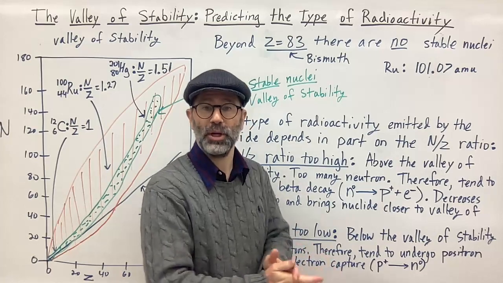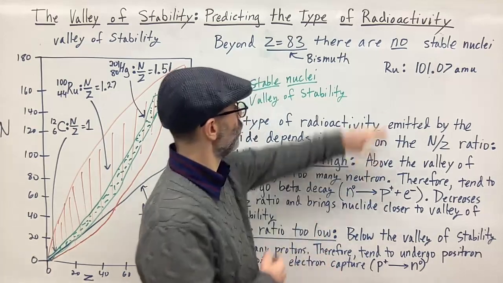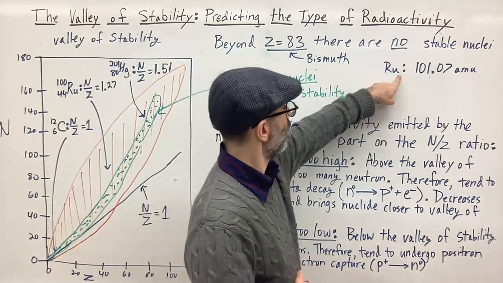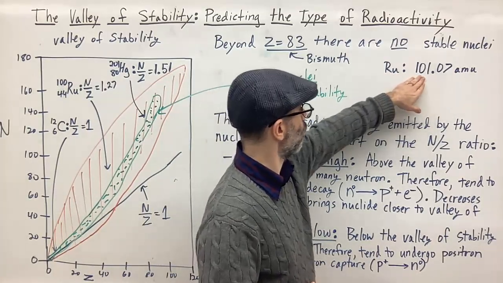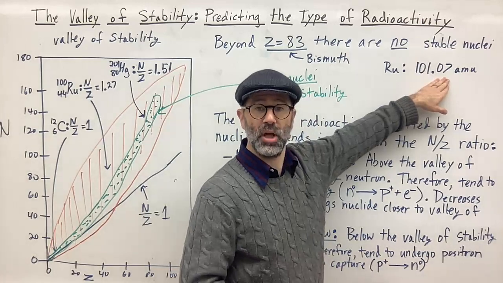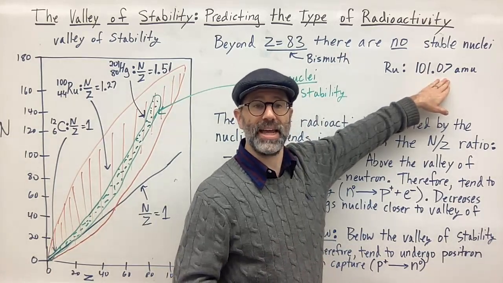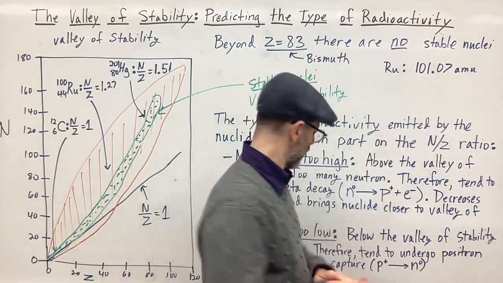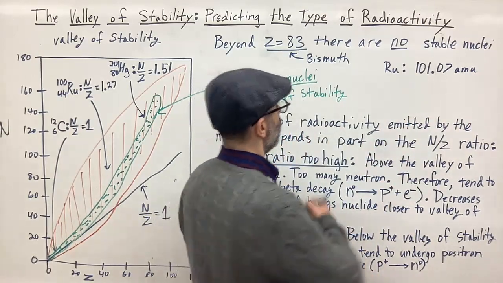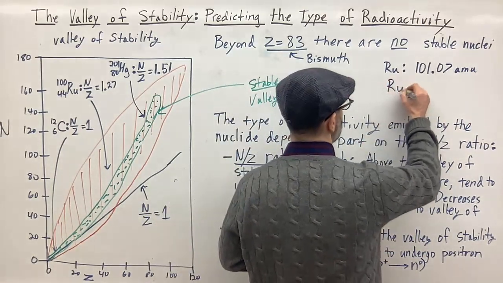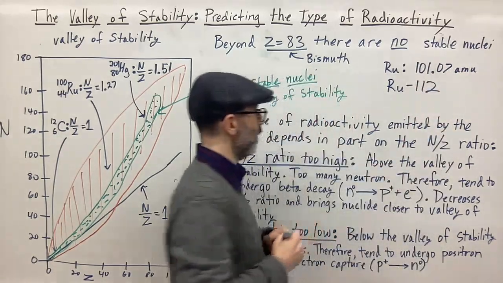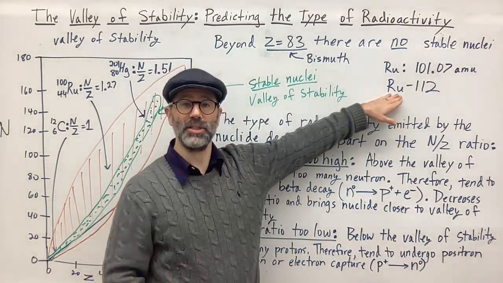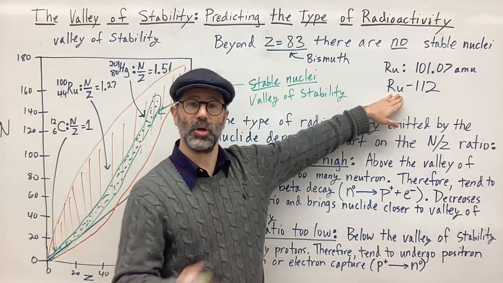So, for example, if you take Ru, ruthenium, Ru has an average atomic mass of 101.07 AMUs. Well, if you have an isotope, let's say the isotope is Ru-112, right? So if that's my particular isotope and I want to know, okay, is this stable or unstable?